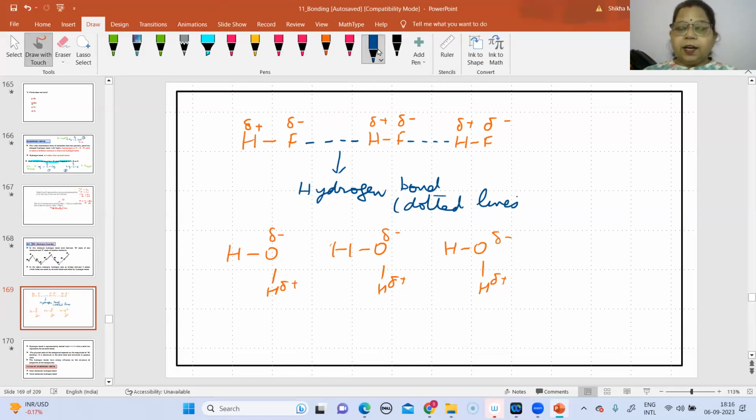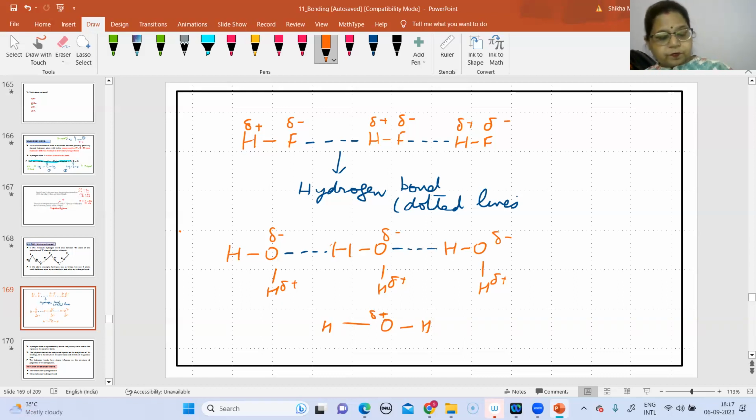They will form hydrogen bond between them, oxygen and hydrogen, like that, right? Maybe if there are more molecules, water can be drawn like this also. So this is delta positive, delta negative. It will form hydrogen bond with this oxygen. Is it clear?